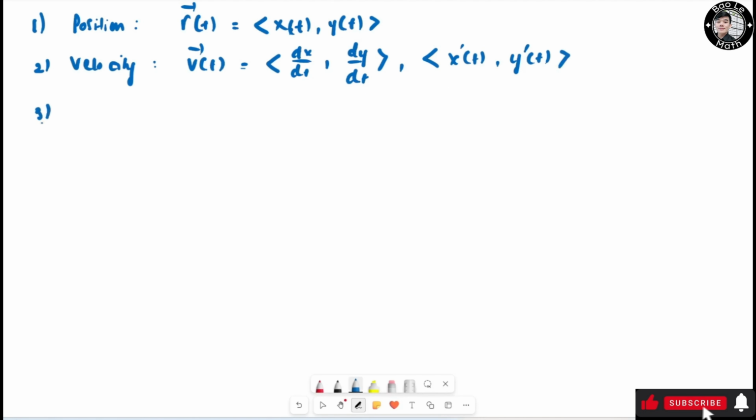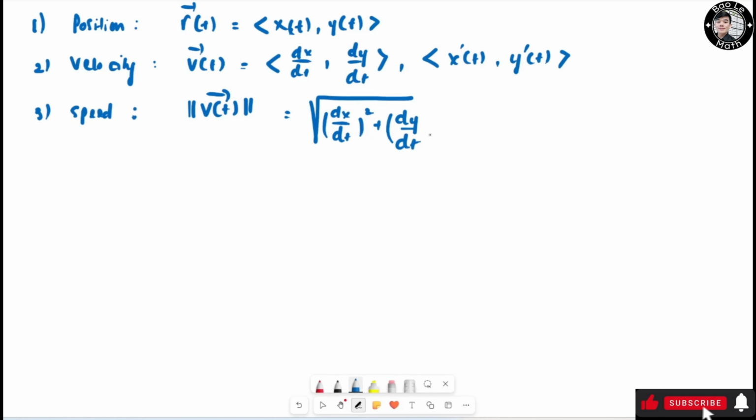Number three, the speed. The speed is the magnitude of the velocity vector, so it is the absolute value of v of t, which is the square root of dx over dt squared plus dy over dt squared.